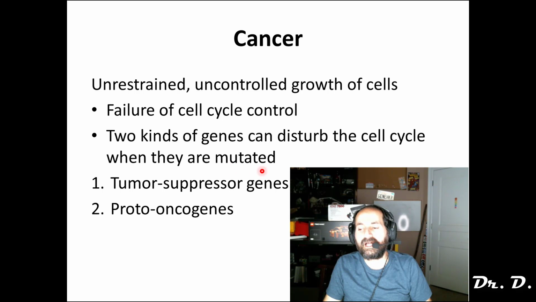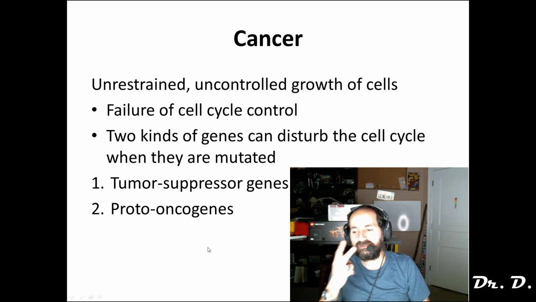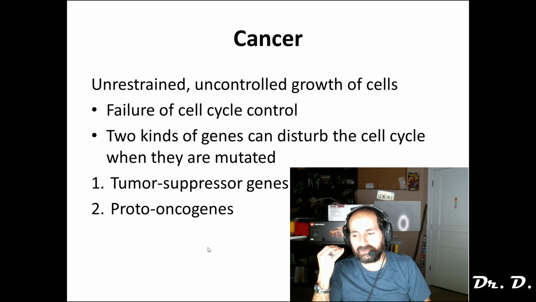Two classes of genes, you could call them, 2 classes of genes in your body that if you mutate those genes can result in cancer. Those are tumor suppressor genes and proto-oncogenes. You see that? Tumor suppressor genes, proto-oncogenes. These are the 2 classes of genes that if you mutate them, you could very well cause cancer.